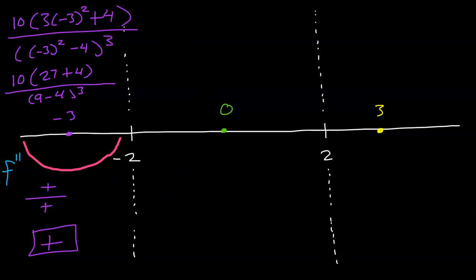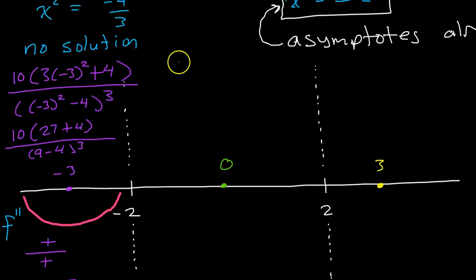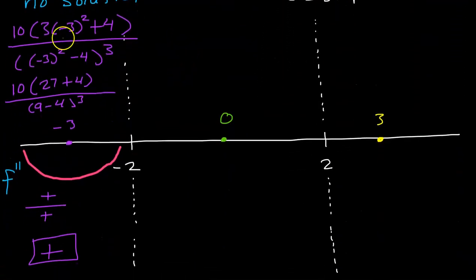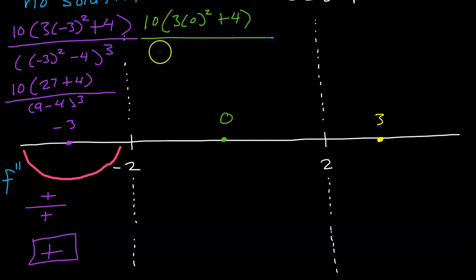So 0 should be easier. Okay, I'll just use this as a model. So if we substitute in 0, then I'm going to have 10 times 3 times 0 squared plus 4 over 0 squared minus 4 cubed. All right, well, the term here with the 0, that's gone. So that's just going to be 10 times 4, which is 40 in the numerator.